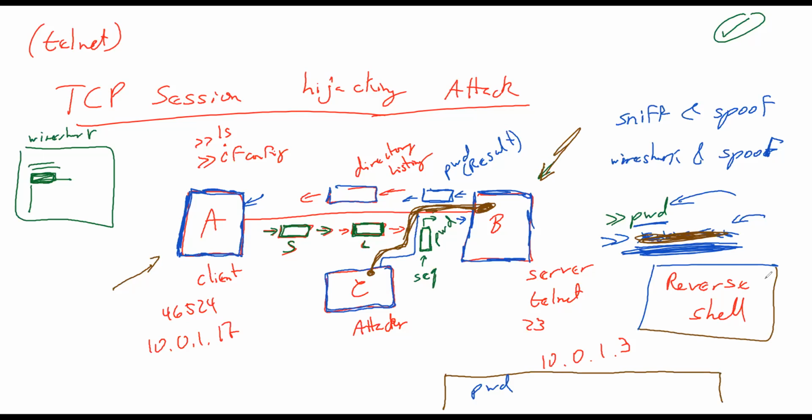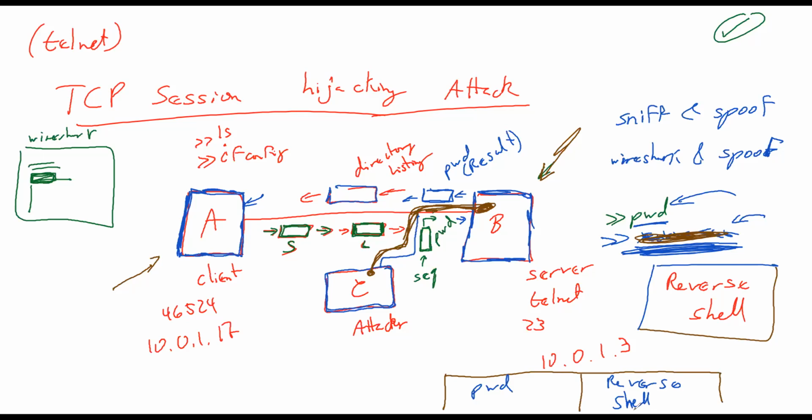All right, so I spent all this time just talking about that. Your homework for this one is to do these two, reverse shell and PWD. It's basically the same mechanism, the same steps.